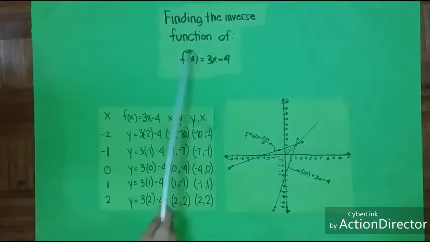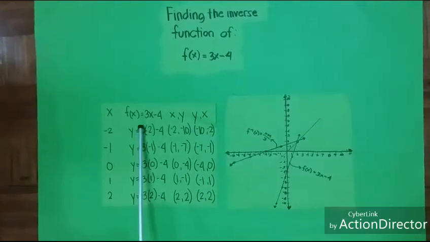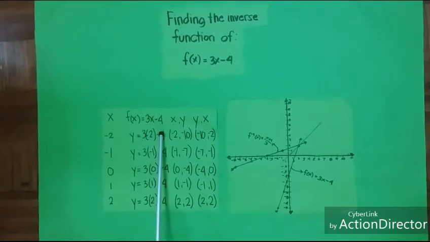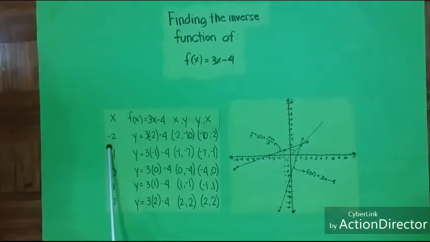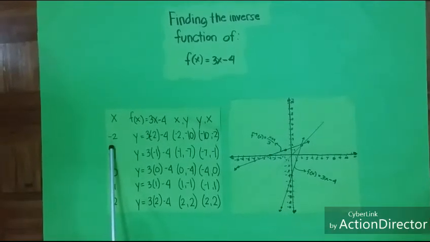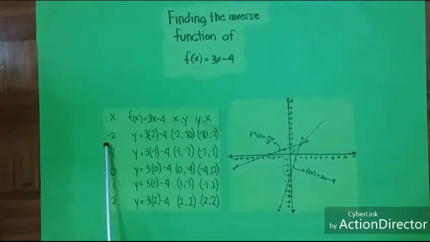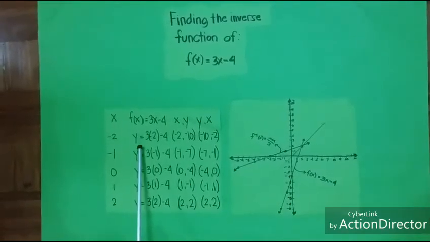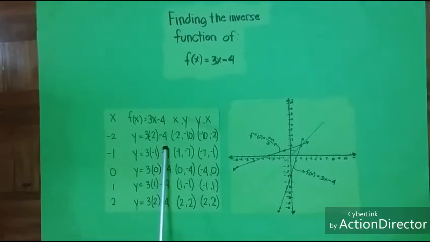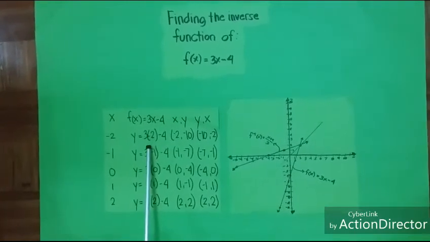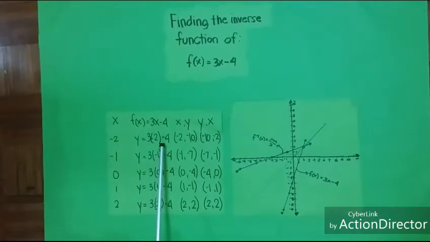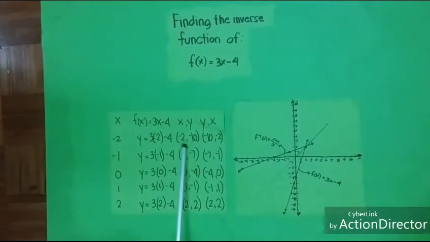And we make use of the original equation f of x is equal to 3x minus 4. So we substitute x by the x values. First up is negative 2. So y is equal to 3 times negative 2 minus 4. So we perform the indicated operation. 3 times negative 2 is equal to negative 6. Minus 4 gives us the answer negative 10.